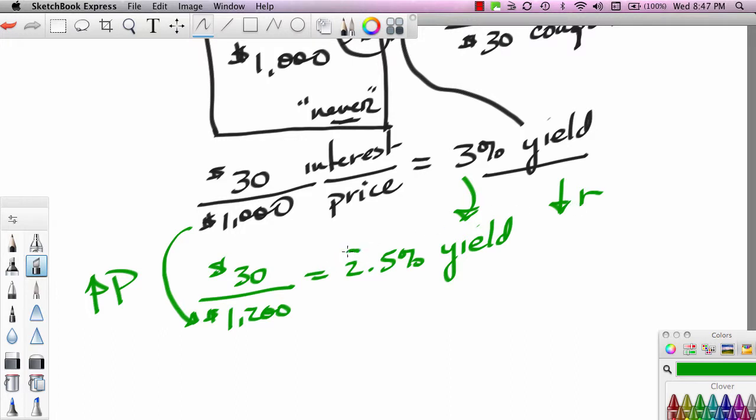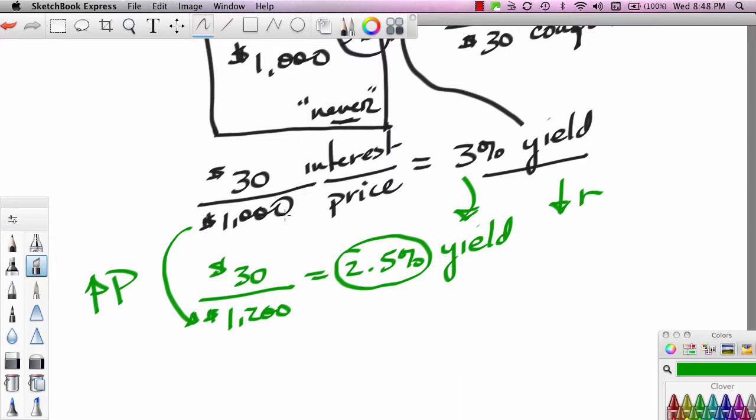Now you may say to yourself, why would anyone pay a premium on this bond? Why would they pay more than face value? Well, the fact is, interest rates must have dropped. In other words, a person is happy to pay $1,200 and earn a yield of 2.5% a year because that's what interest rates now are. That's what they can get on alternative financial investments.